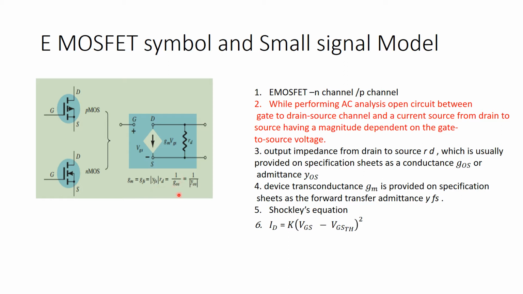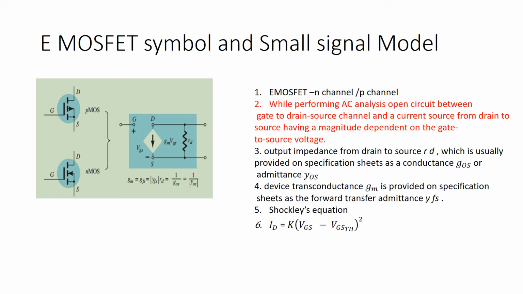So 1 upon gm is the admittance between the gate and the source terminal. Now I'm revisiting the points I have discussed.